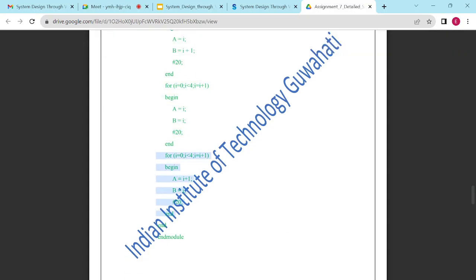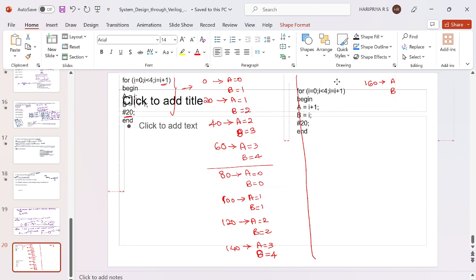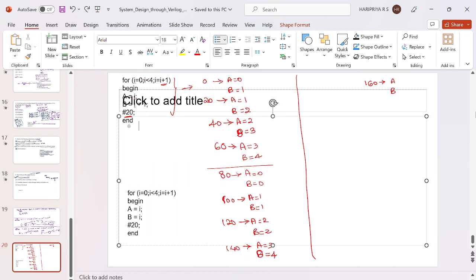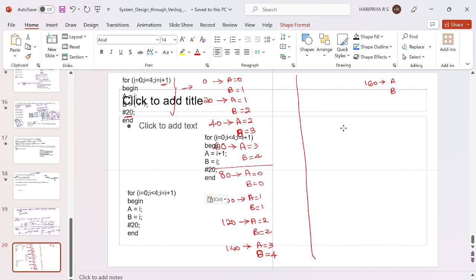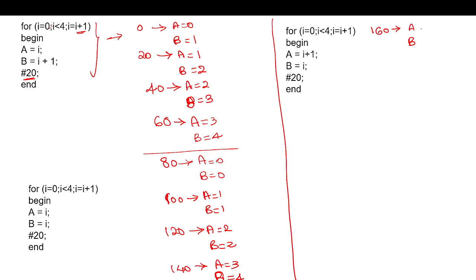My third for loop is, A is equal to I plus 1.